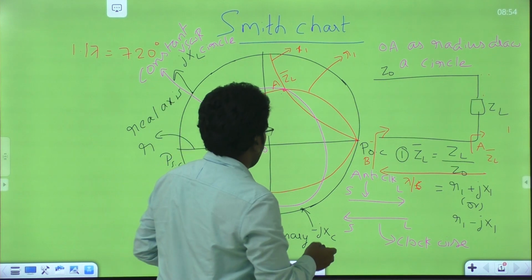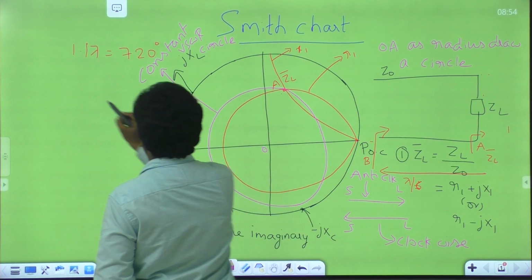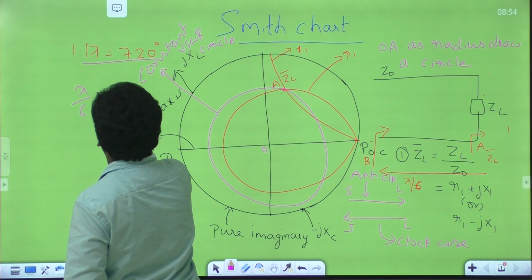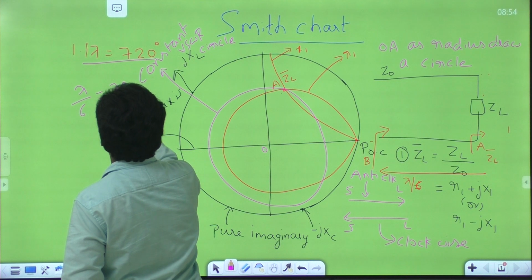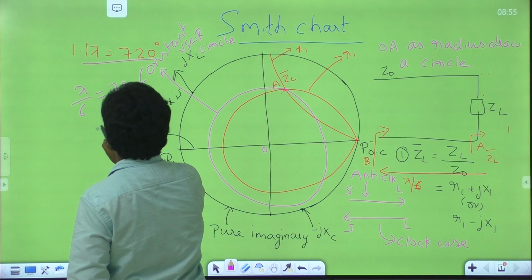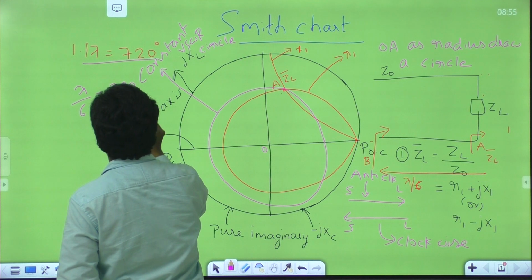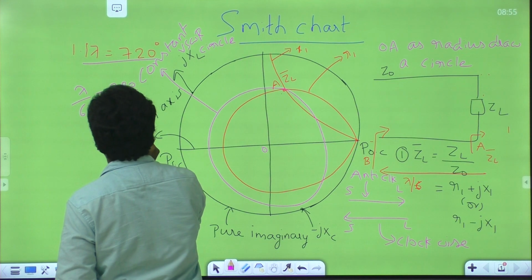So what is the lambda value? One lambda is equal to 720 degrees. So lambda by 6 means 720 by 6. What's the value?